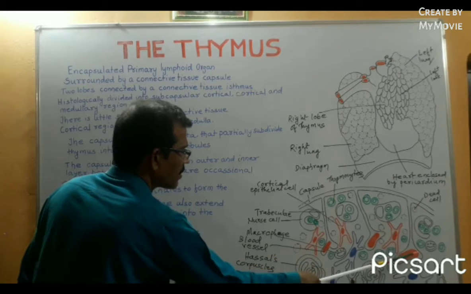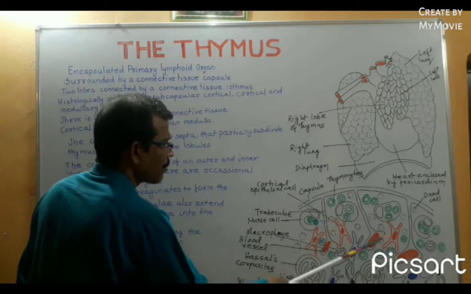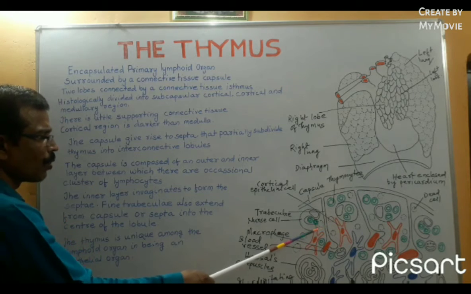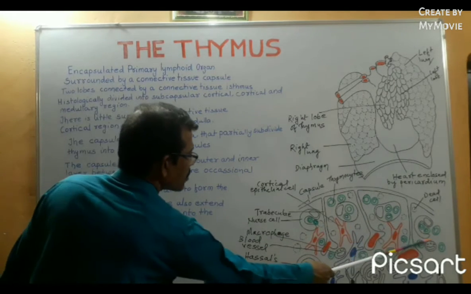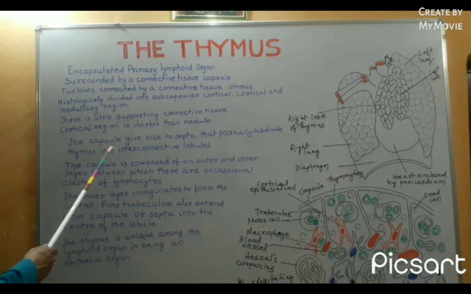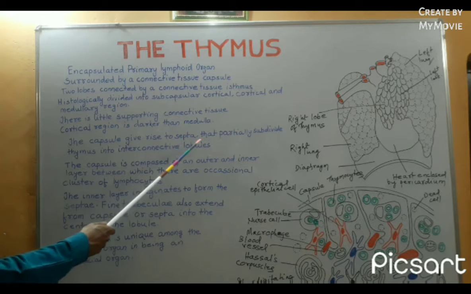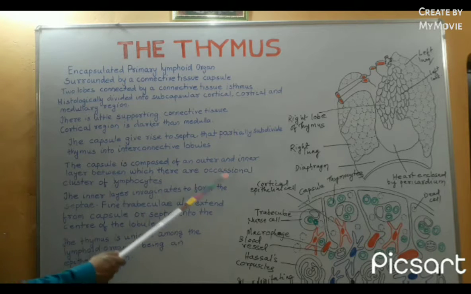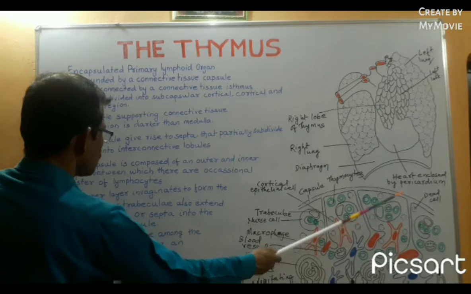These are the septa. And the septa divide the thymus into interconnecting lobules. These are the interconnecting lobules. So the capsule gives rise to septa that partially subdivide thymus into interconnecting lobules.